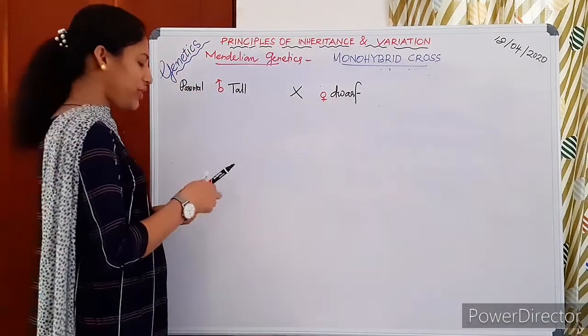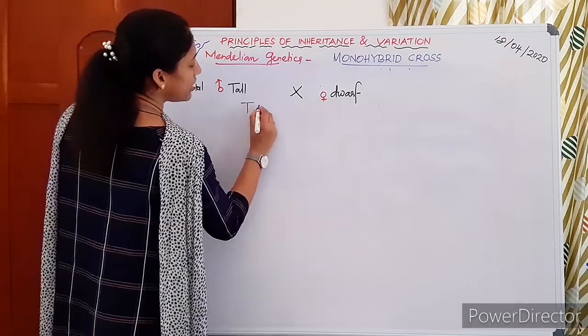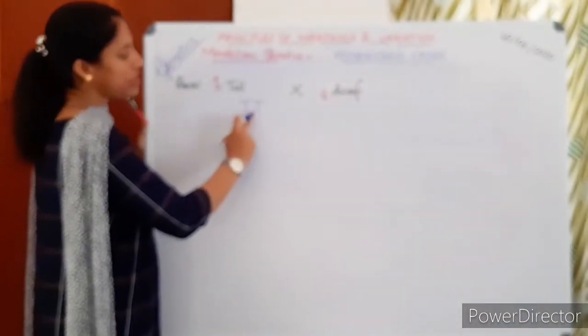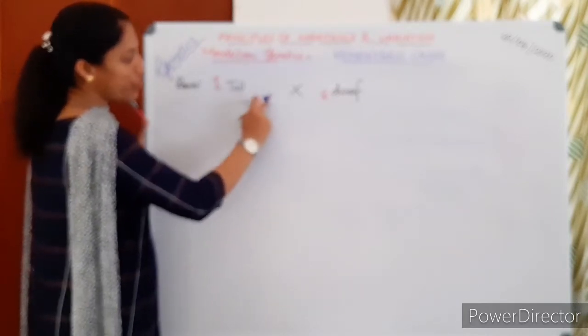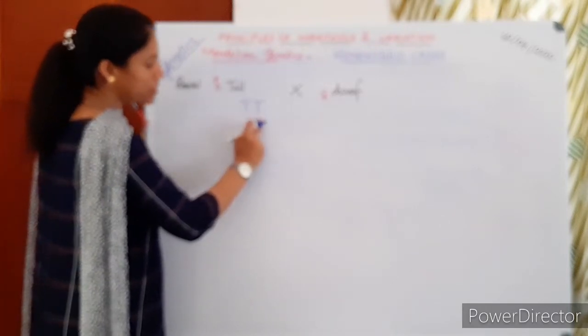And when we use symbols, for one character there are two members of the factors, according to Mendel. So we can say for the tall character there are two alleles. So this is one gene, it has two alleles. Why do we write capital T here?